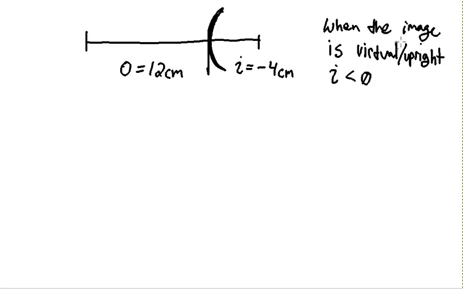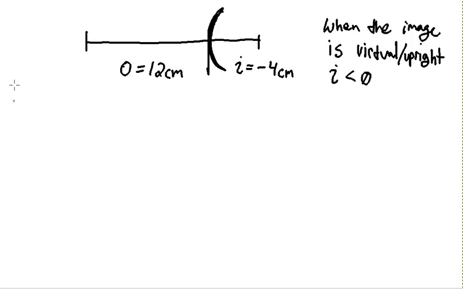Now this is true for all lenses, all mirrors, doesn't matter what type. This is a true statement all the time. So some of these problems are difficult because you have to assign a negative number. I didn't just give it to you. I want you to understand this connection here. So this is something that you're going to need to know when you walk in on Wednesday or Thursday to take the quiz.